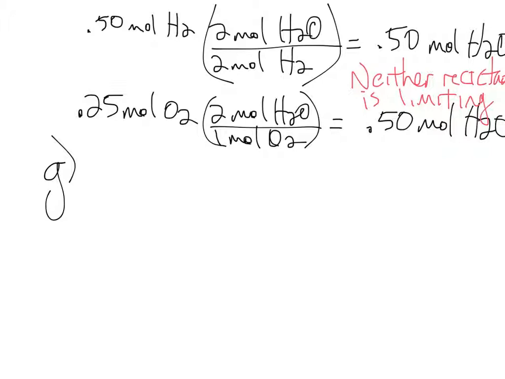Part G, here at least they're being consistent. They give us quantities of both of the reactants in grams. So in both cases you first convert from grams into moles, and then make the mole-to-mole conversion between the reactant molecule and water. 5 grams of hydrogen molecule, not hydrogen atom.